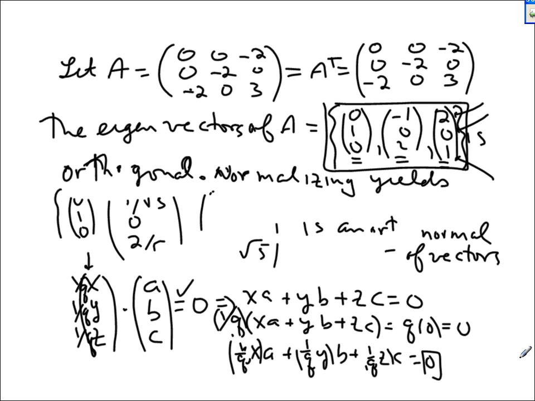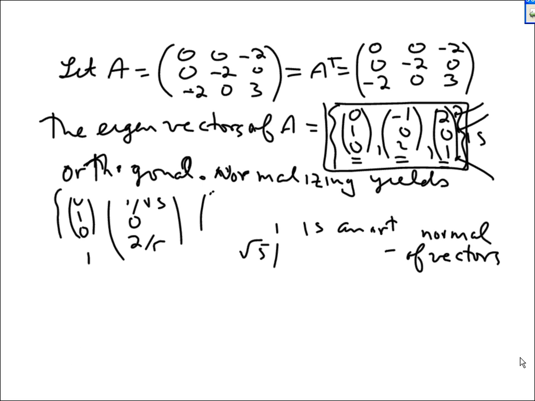And that's all I did, is I divided some terms by the square root of 5, which means I multiplied by 1 over the square root of 5. Dividing and multiplying are the same operations. That is, if some fact is true about multiplication, it's also true about division.